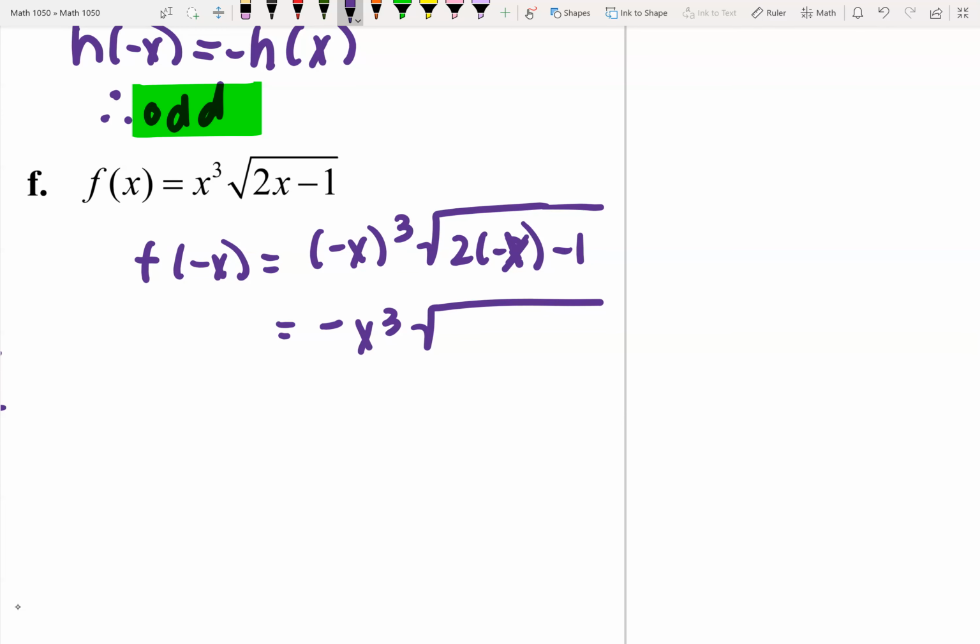And then you've got the square root of 2 times negative x is negative 2x minus 1. Don't highlight your paper, but I'll highlight mine. Take a quick glance. Is that guy the same as that guy? No. So I must continue. So now I'm going to go negative f of x, like that.